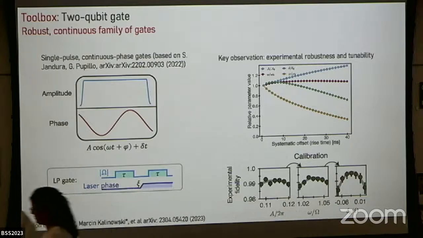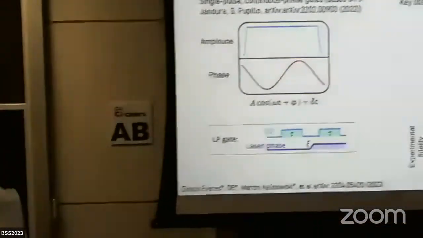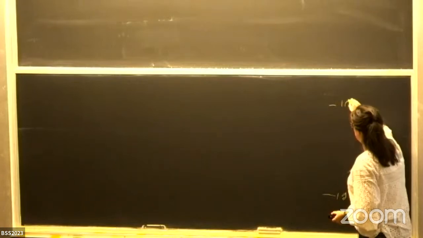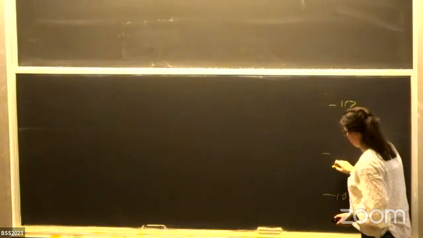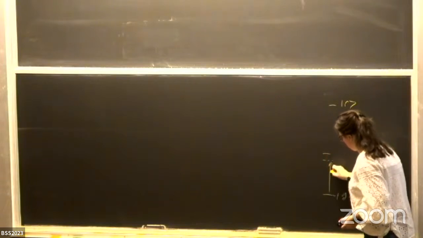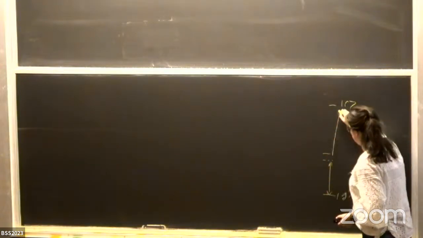Yeah, so this is what I talked about, I think, 2 days ago. The way we go from the ground state to the Rydberg state is via an intermediate state, and we do a two-photon transition like this.